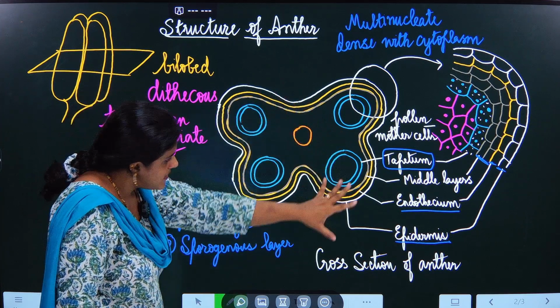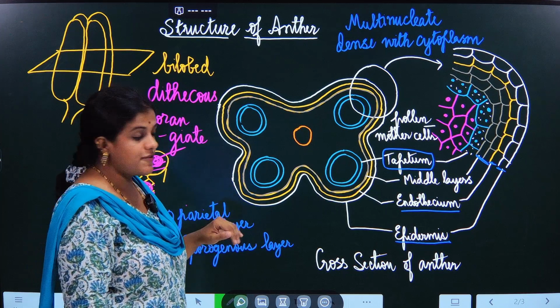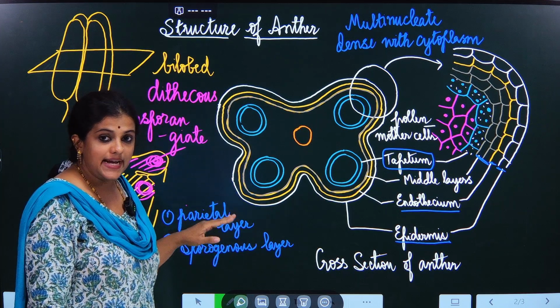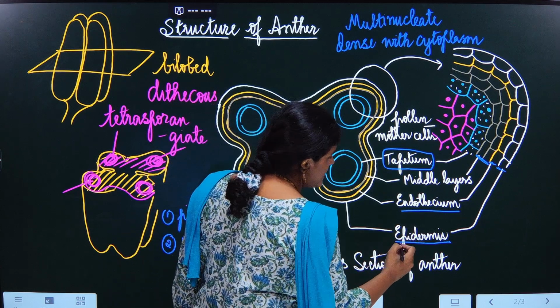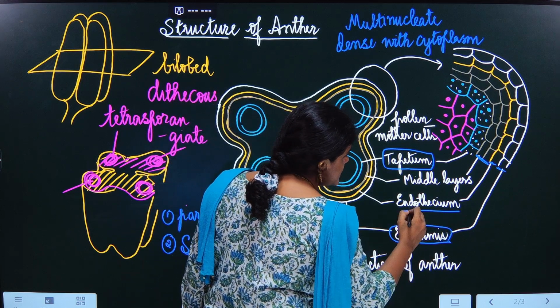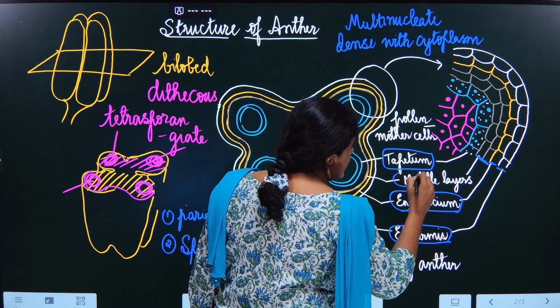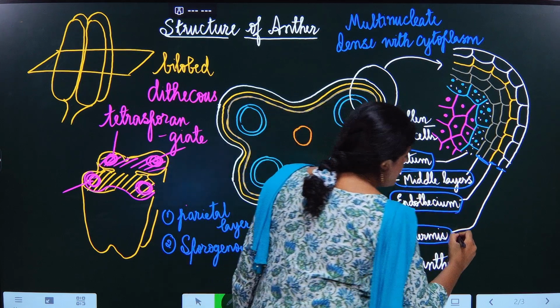Okay, and if you take the cross section of the anther, it has 2 layers, the parietal layer and the sporogenous layer. The parietal layer is again made up of 4 layers: epidermis, endothecium, middle layers and tapetum.